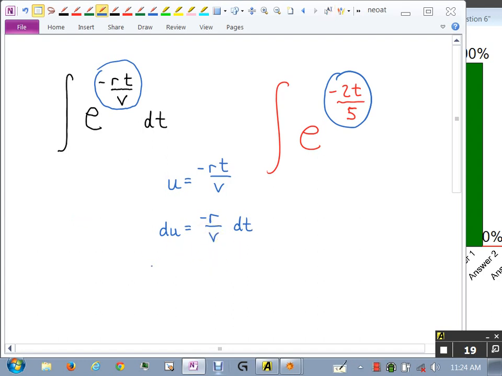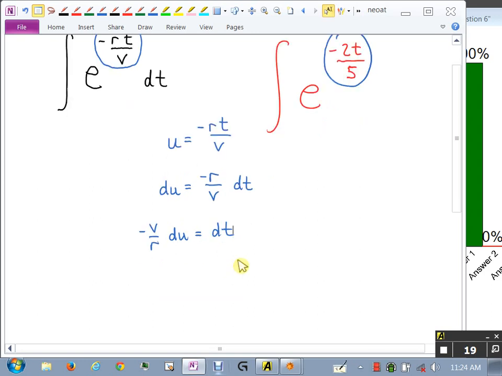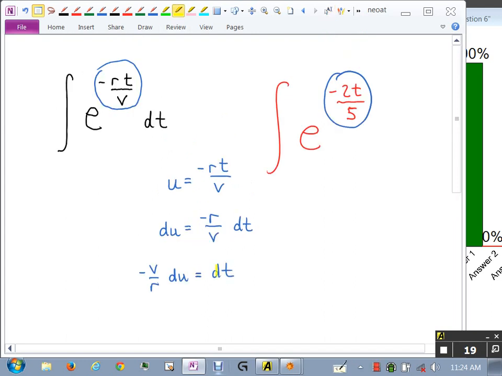So I can write negative v over r du equals dt. All I did there was multiply both sides by the reciprocal, and that gives me an equation that has dt isolated. So I can replace that dt with this, and I can replace the entire exponent with u.